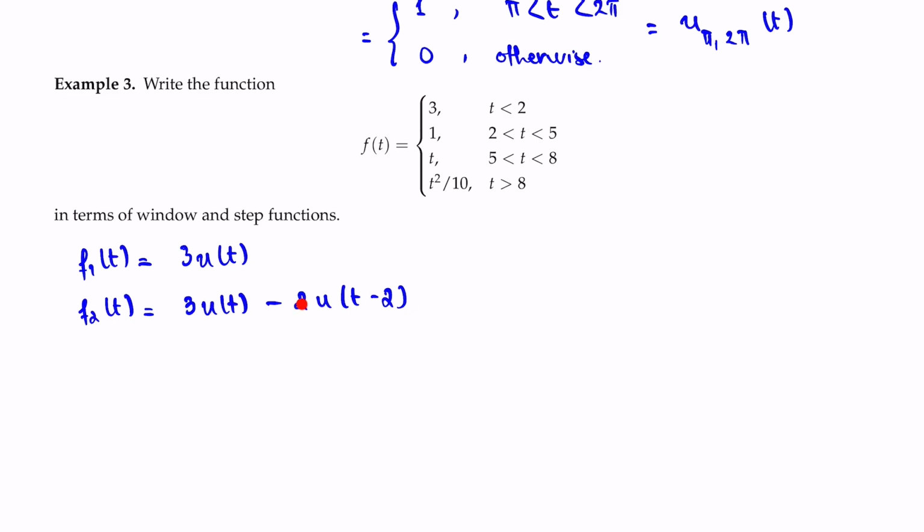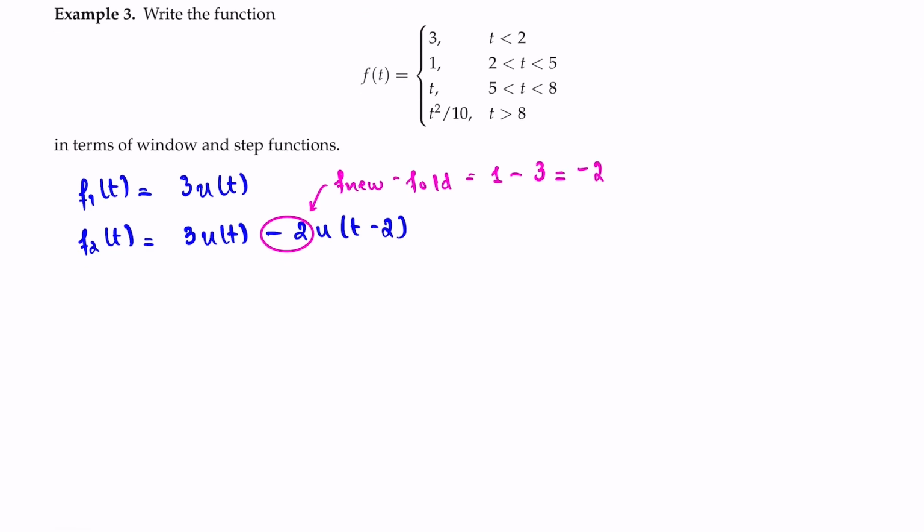Again, how can I get negative 2? It is the new function minus the old function. The new function is 1, the old function is 3, so that's why you get negative 2. Now f3 of t is 3 times u of t minus 2 times u of t minus 2.